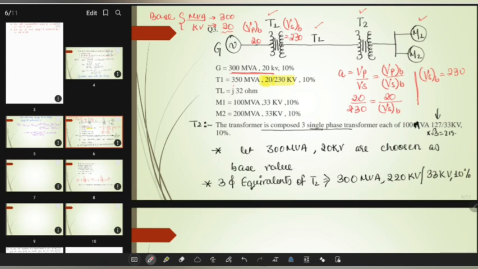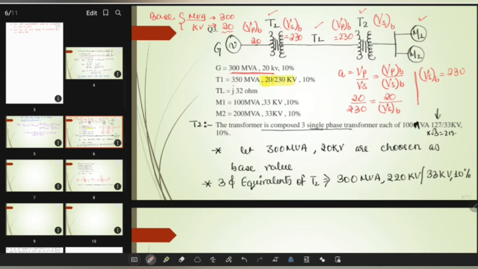That will be same as 230. Now what will be the base value of the primary side of T2? That will be 230 and we need to find the base value in the secondary side.